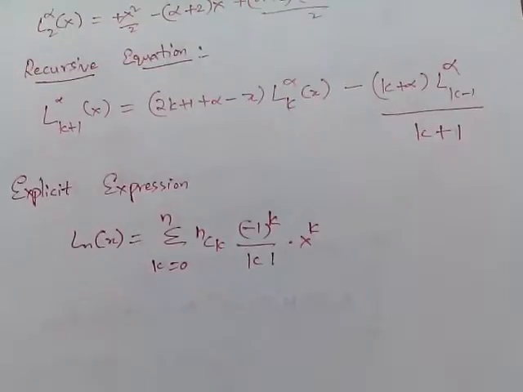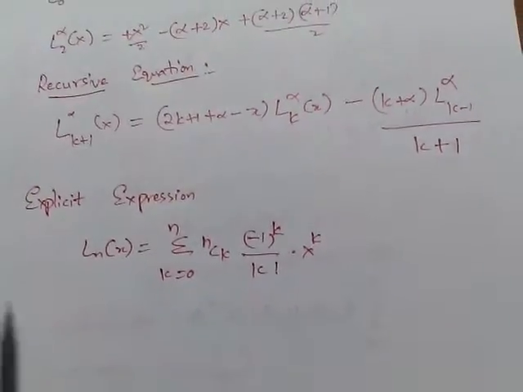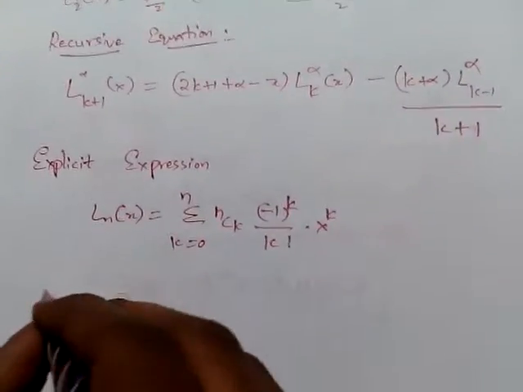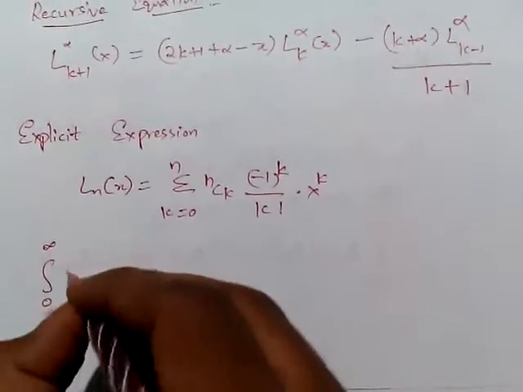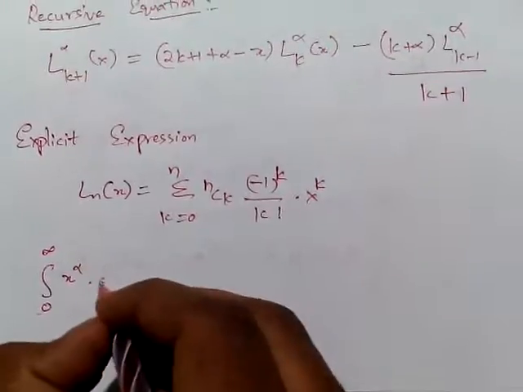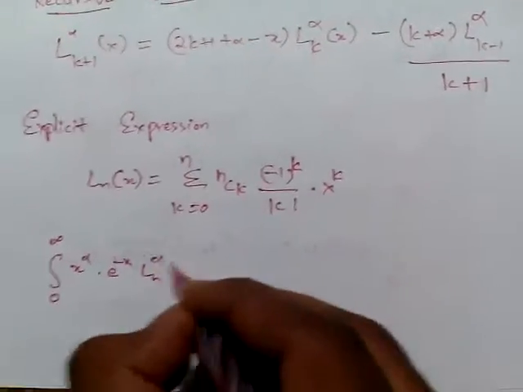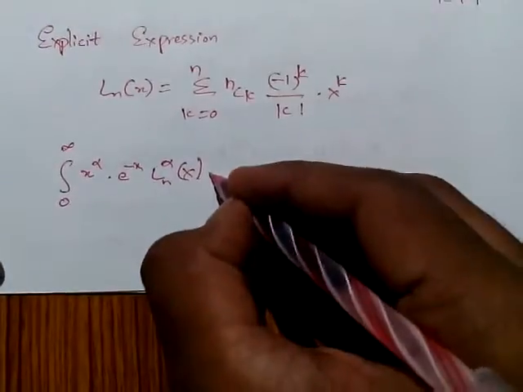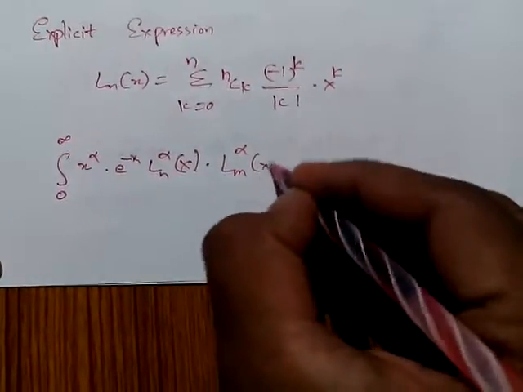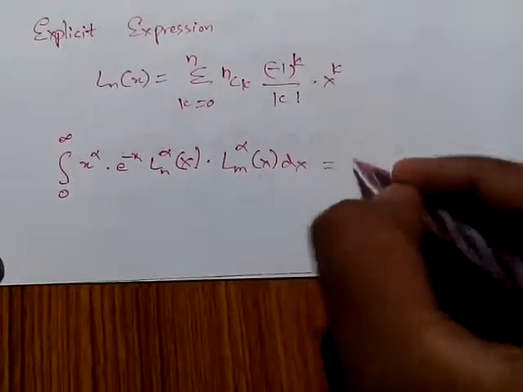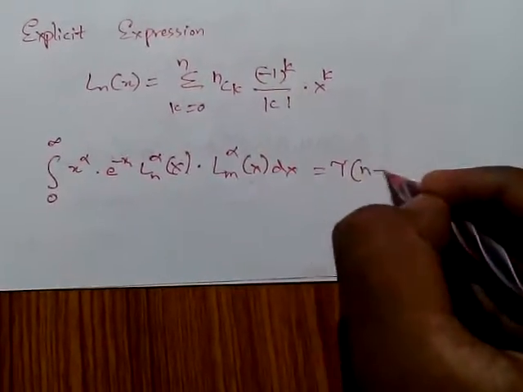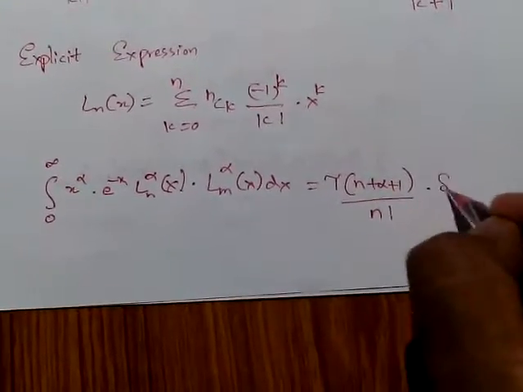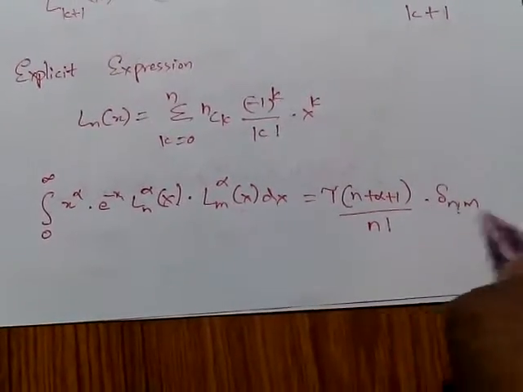Since this Laguerre polynomial belongs to the family of orthogonal equations, it satisfies the following equation: integral 0 to infinity x power alpha into e power minus x Ln alpha of x into Lm alpha of x dx is equal to gamma of n plus alpha plus 1 by n factorial into Dirac delta function n comma m.